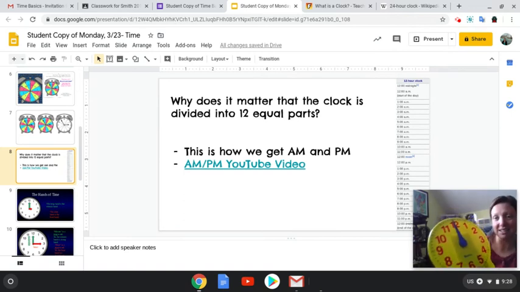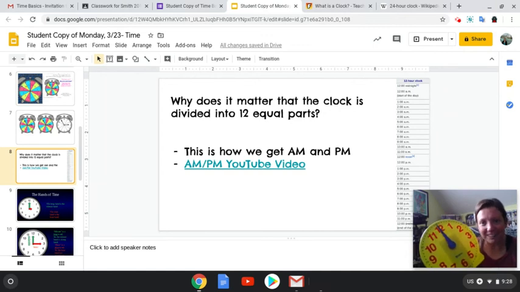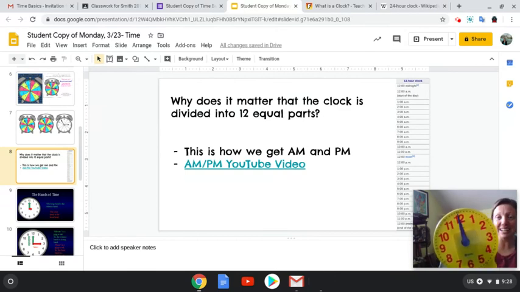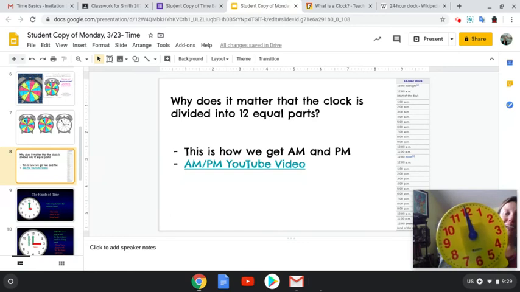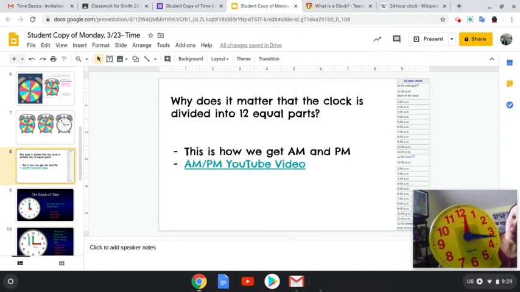Because how many hours are there in a day? 24, right? And our clock is divided into 12 equal parts. Well, how many times do you have to add 12 to get to 24? Correct, 2. Just like 2 times 12 is 24. So the minute hand goes around one time, 60 minutes, and that equals 1 hour.